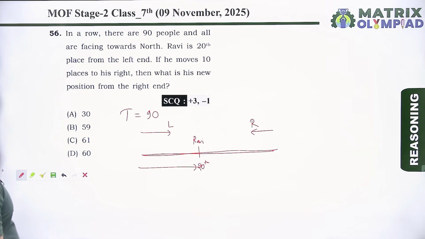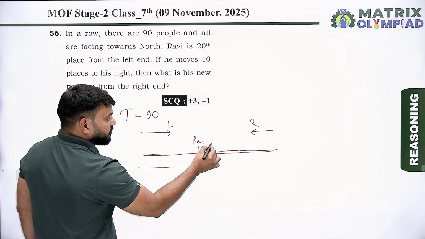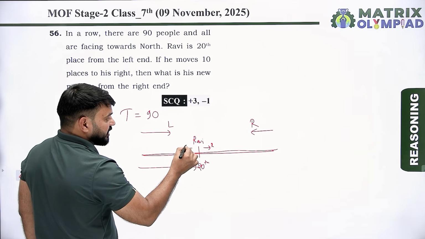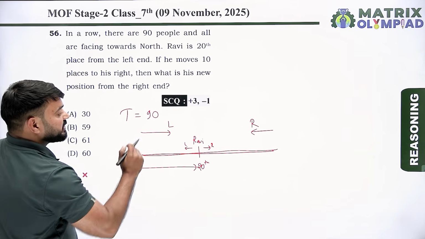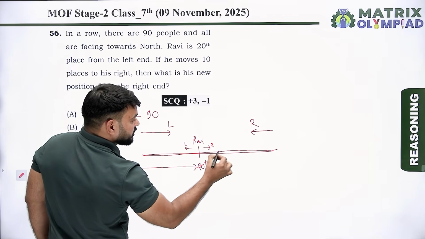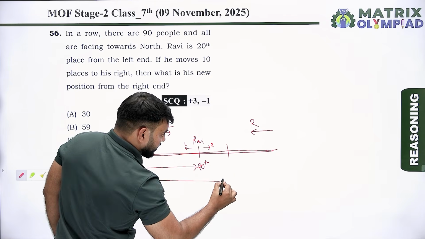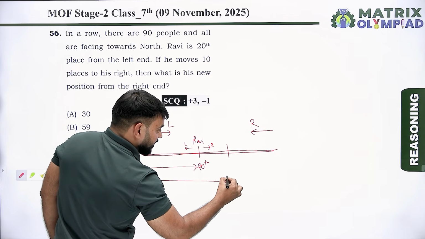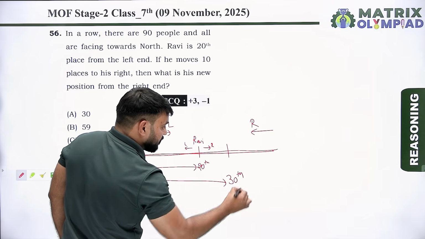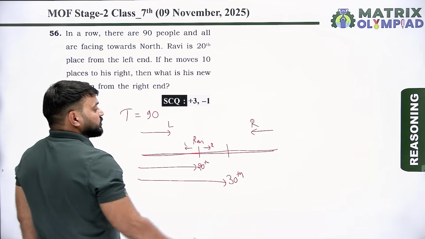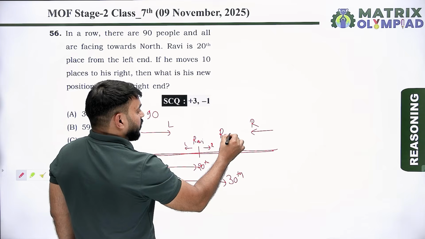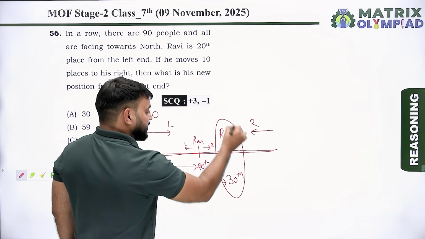If he moves 10 places to his right, this is the right side of Ravi and this is the left side of Ravi. Now Ravi moves 10 places to his right, then he becomes 30th from the left end. So the new position of Ravi from the left is 30.